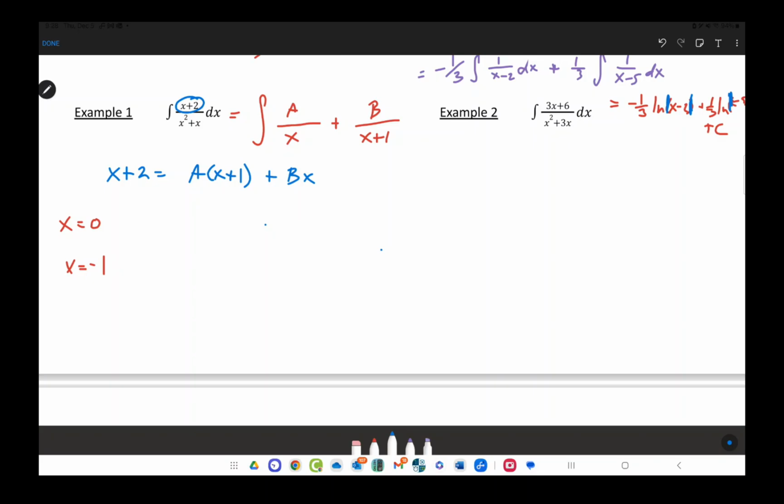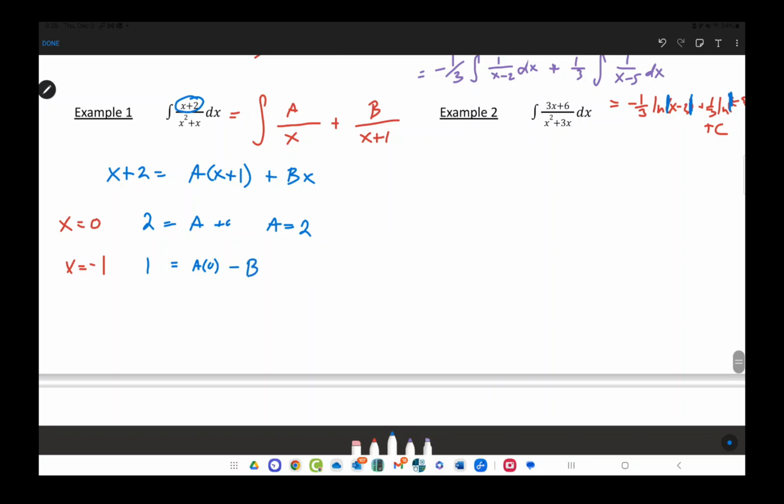So if x is 0, 0 plus 2, which is 2, is equal to a times 1 plus b times 0, plus 0. So a is equal to 2. If x is -1, that will give me -1 plus 2, which is 1, is equal to a times 0 minus b.